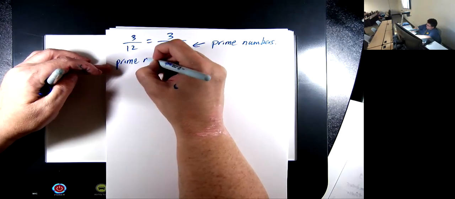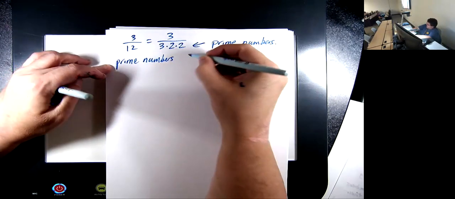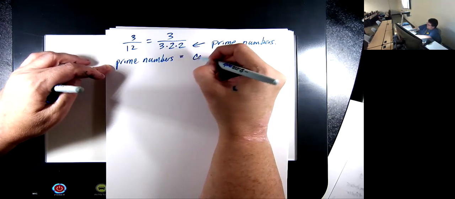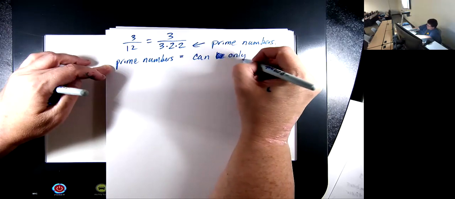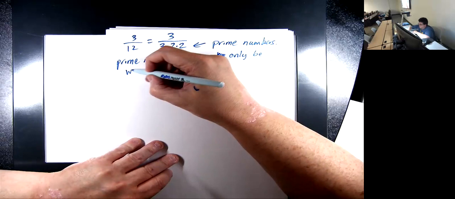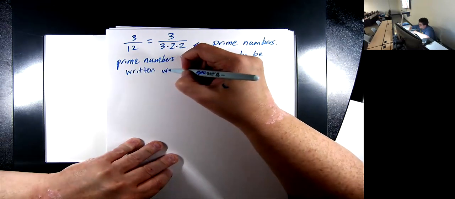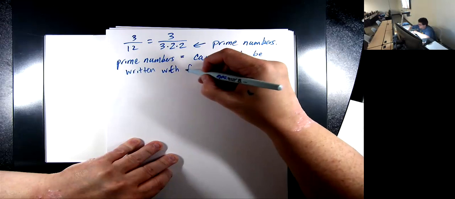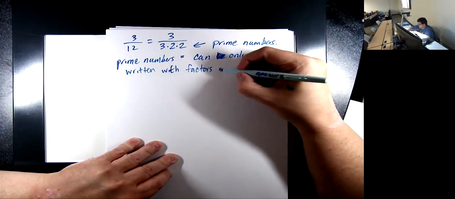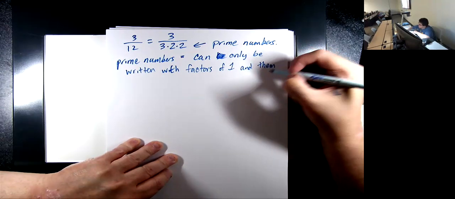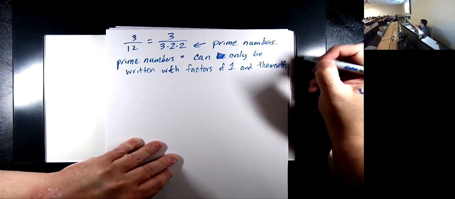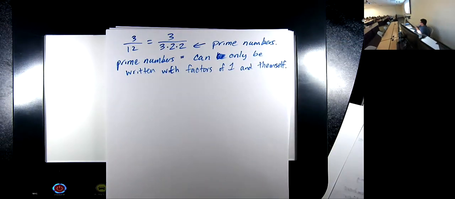What makes a number prime is they can only be written with factors of 1 and themselves. I can't break down 2 into multiplying 2 whole numbers without using a 1. I just can't do it.